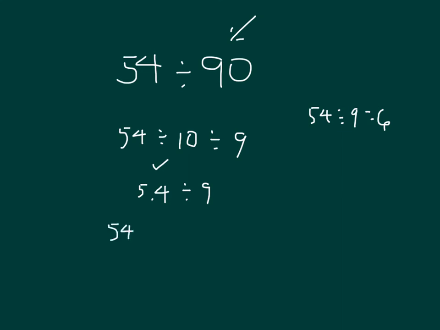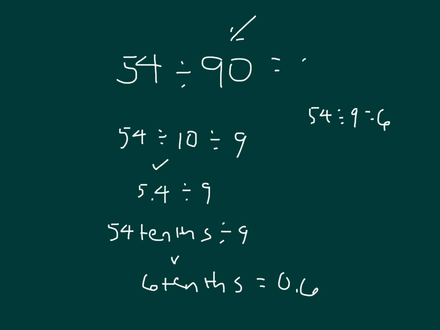So I would have 54 tenths divided by 9. And 54 divided by 9, as I said before, was 6. So I have 6 tenths, which can be written as 0.6. So 54 divided by 90 is equal to 0.6, or 6 tenths.